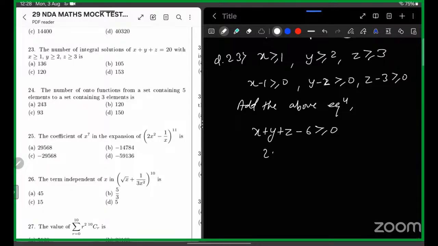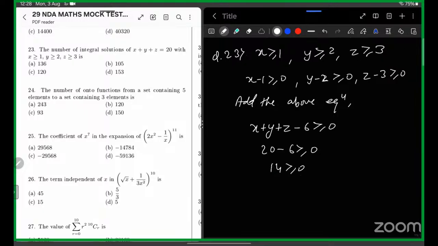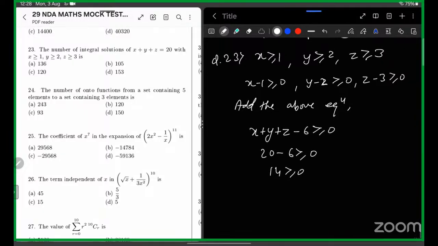They have given it as 20. So 20 minus 6 must be greater than or equal to 0, which is 14. So I'm getting 14, right? So what are they asking? They are asking about the number of integral solutions for this. How many integral solutions can be there?